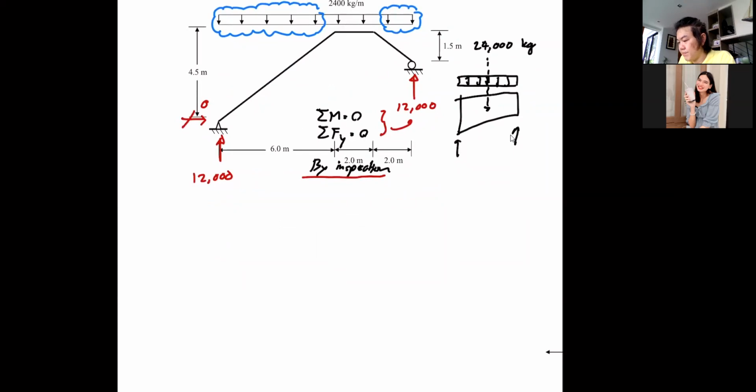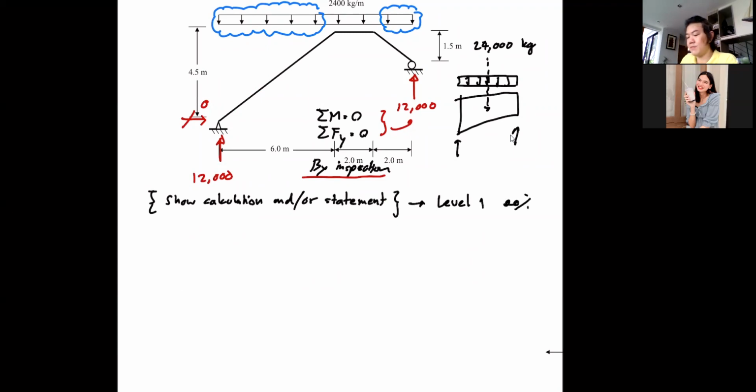Again, say right here, show calculation, and or statement. Okay, and if you get this correct, that's your level 1, 20%.